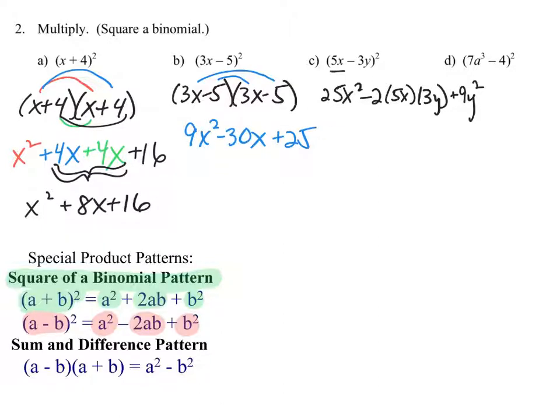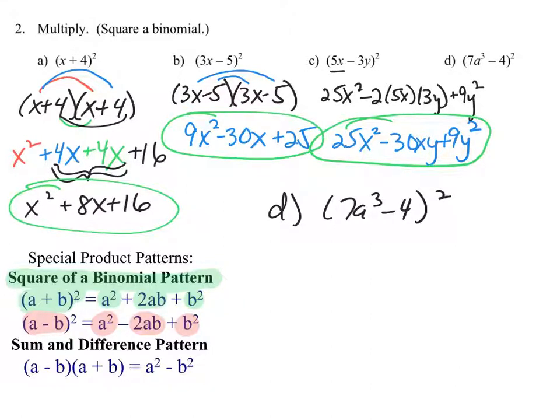So this will look like 25x squared minus 2 times 5 times 3, or minus 30xy, plus 9y squared. Again, you could write that problem as 5x minus 3y times the quantity 5x minus 3y and use the FOIL method and get the same result.